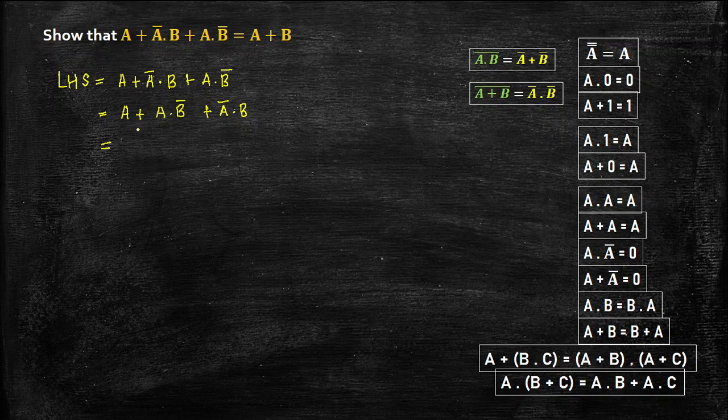Now let us see what is going to happen. Here you can see a plus a dot b bar, right? So either you can use this terminology in which a will be added with a dot b complement, and in the next step again you can take that common and you will ultimately get a and b separated out. Let us try that fashion.